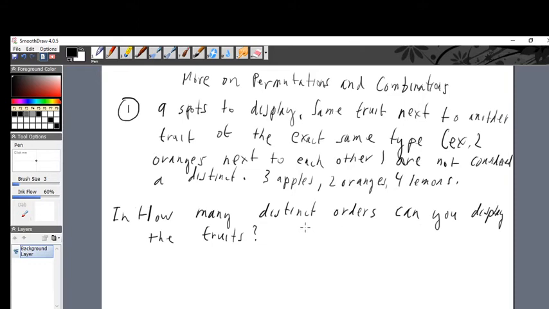You'd have the total number of fruits. This is the generic way of explaining it.